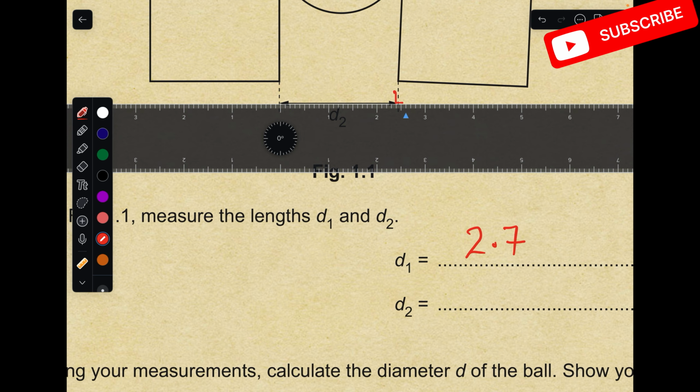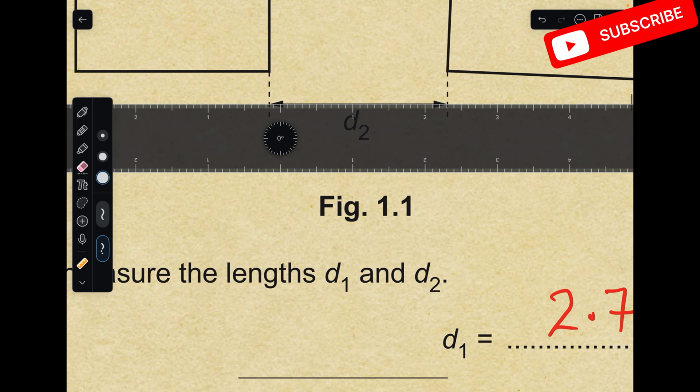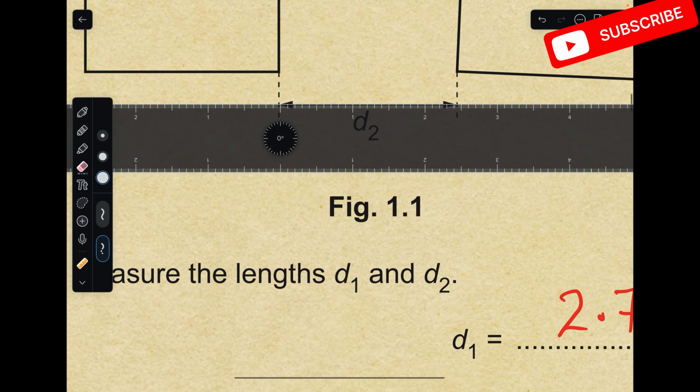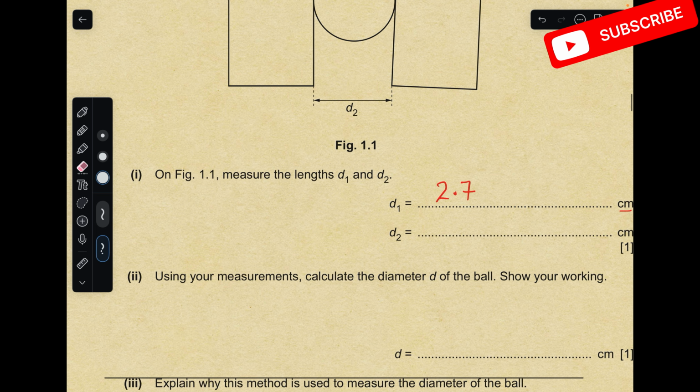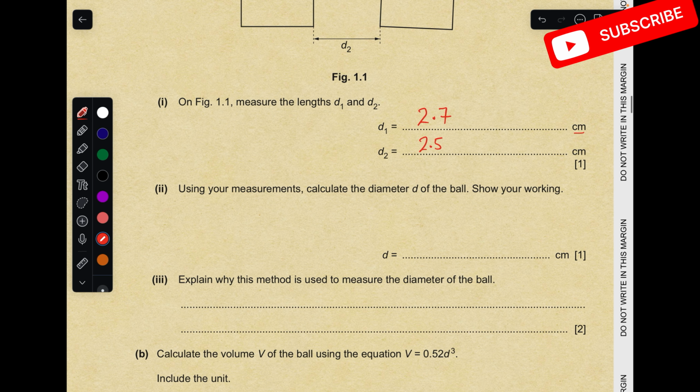It's 2.1, 2.2, 2.3, 2.4 if you see closely. It's 2.4, but it's near 2.5, more close to 5. So let's take it as 2.5. Using your measurements, calculate the diameter d of the ball.